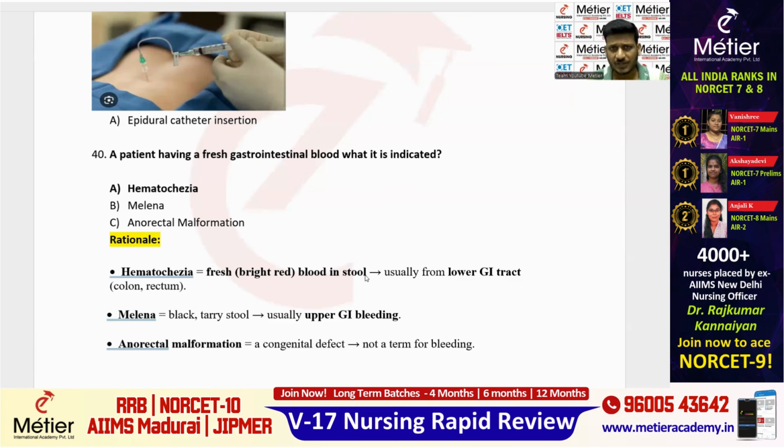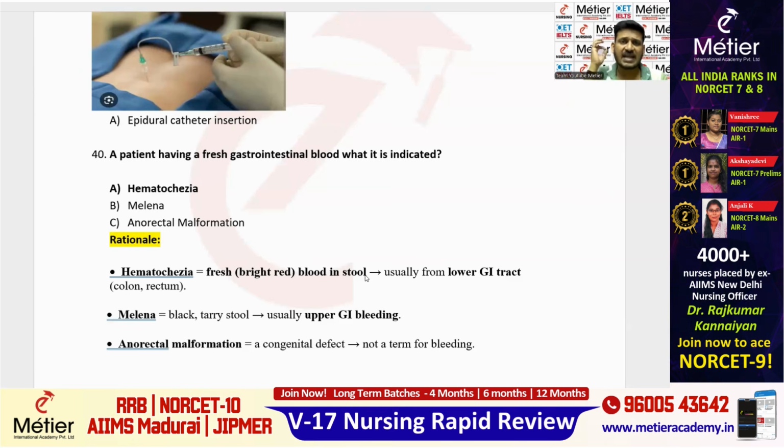For example, you can take hemorrhoid. With hemorrhoid, there will be fresh GI bleeding. Hemorrhoid is present in the lower GI. So fresh bleeding because of hemorrhoid from the lower GI is called what? Hematochezia. Second scenario: if there is an upper GI bleeding and the bleeding is seen in the stool, a black and tarry color will be there.